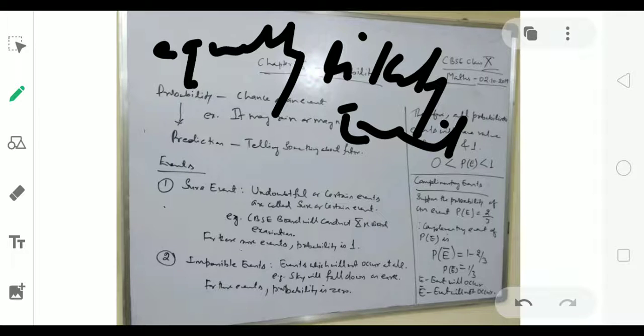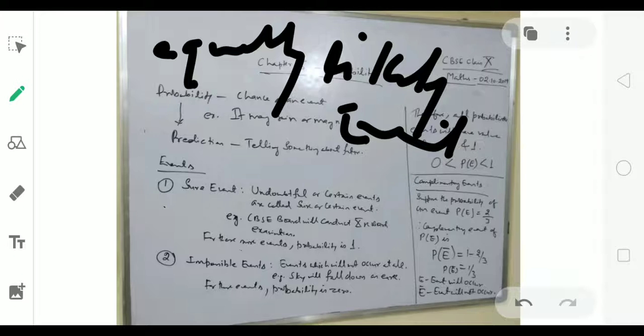That type of event, in which the probability of occurrence of an event is equal to the probability of not occurring of an event, when both of them are equal, will be called equally likely events.